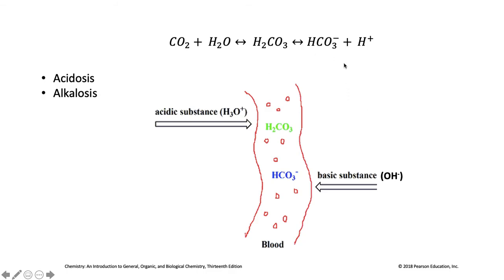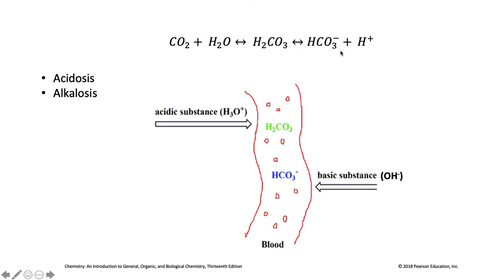It does it through our kidneys. Our kidneys are responsible for maintaining the HCO3 minus concentration. If there's a lot more HCO3 minus in the blood than there should be, so I have an alkalosis type of situation, it's going to excrete the HCO3 minus as it filters the blood.